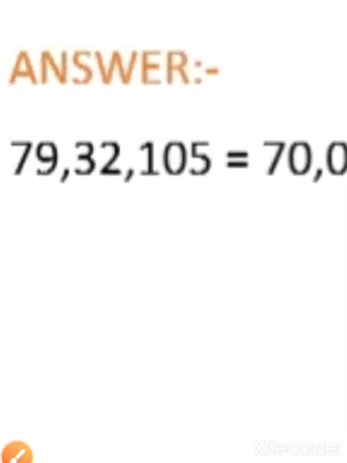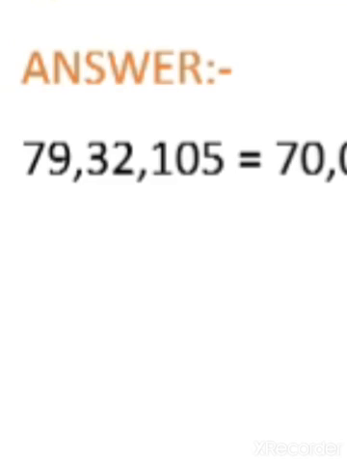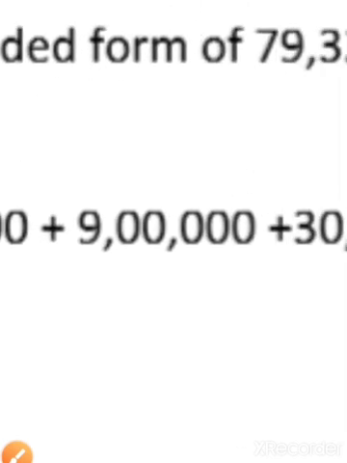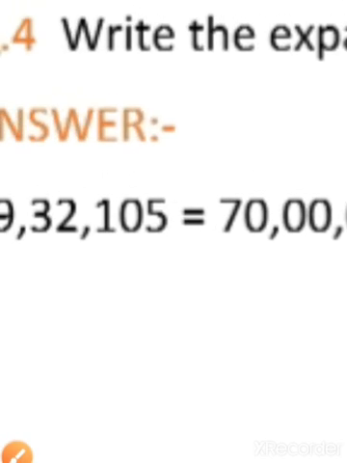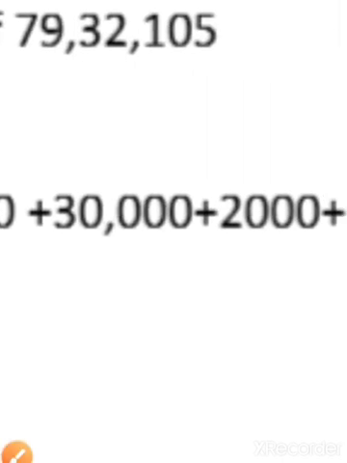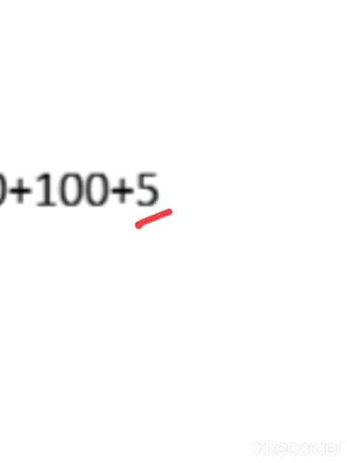Now the next digit is 1, and after that we can see there are 2 digits. So we have to write 1 followed by 2 zeros, means 100, and the last at the ones place there is 5. So we will write it as 5.